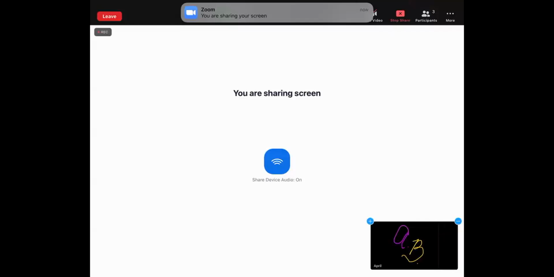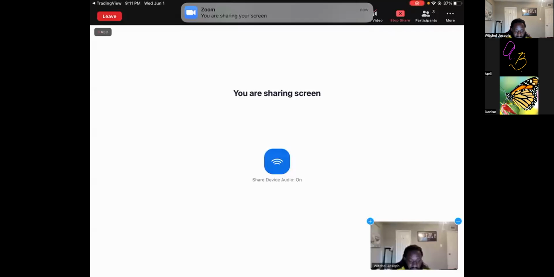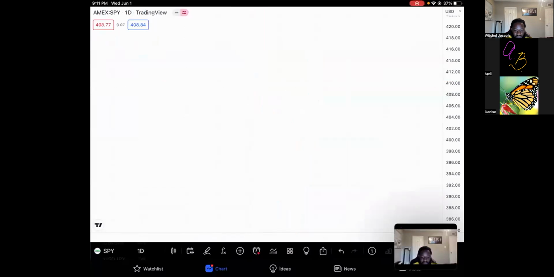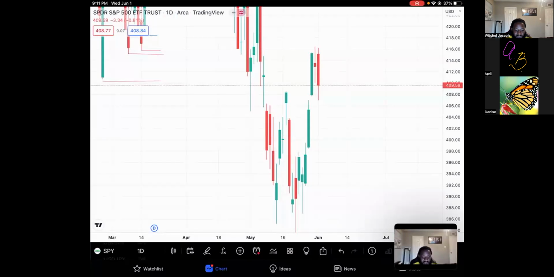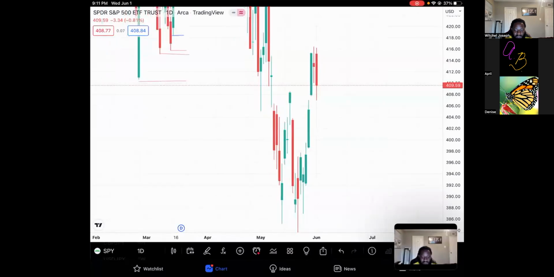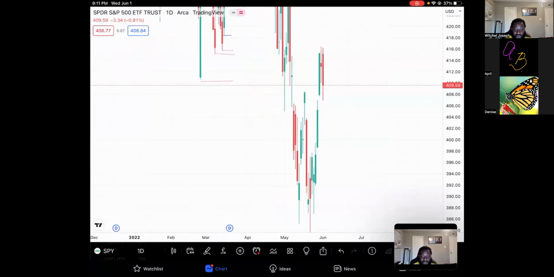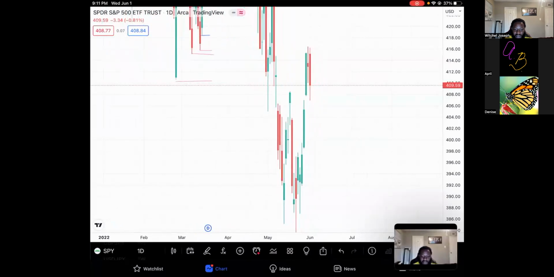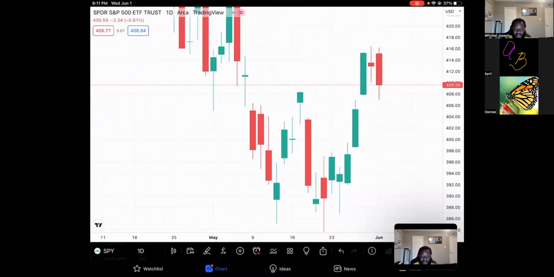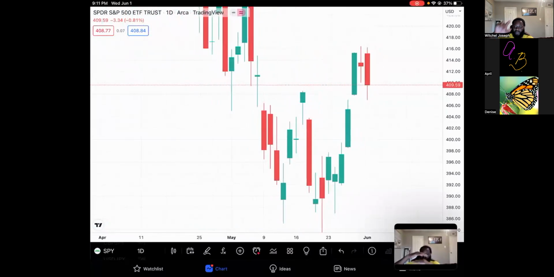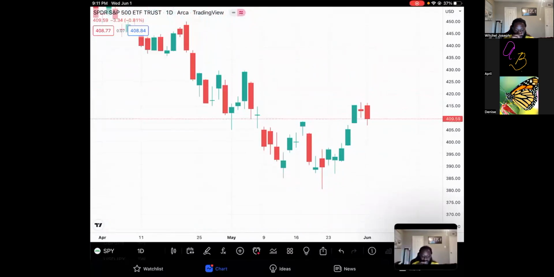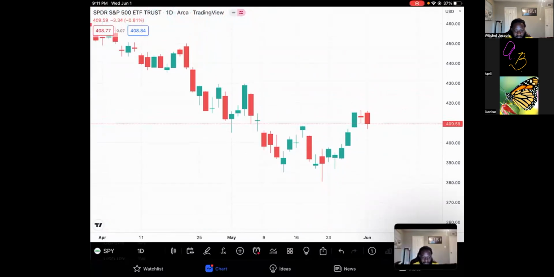So, you can share your screen again. Okay. See spot. Try to zoom in. I deleted what I had from May. Scrunch it down a little bit.